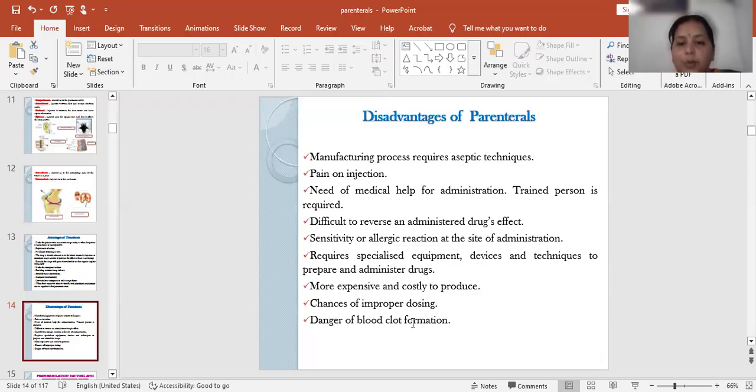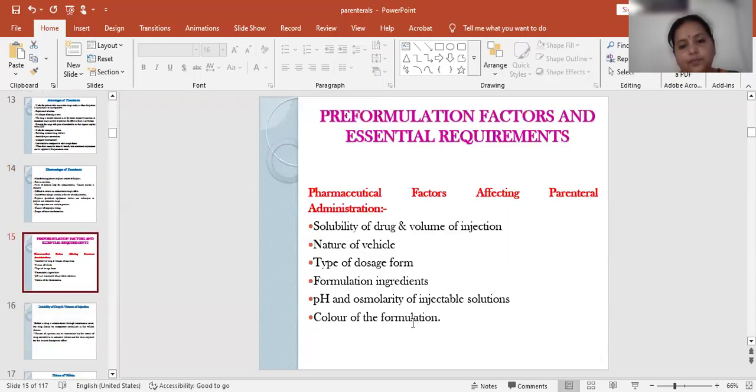They are not suitable for parenterals. It also requires specialized equipment, devices and techniques to prepare for the administered drugs, for example IV sites, intramuscular and cannula sites. These are more expensive and costly to produce, with chances of improper dosing and danger of blood clot formation.